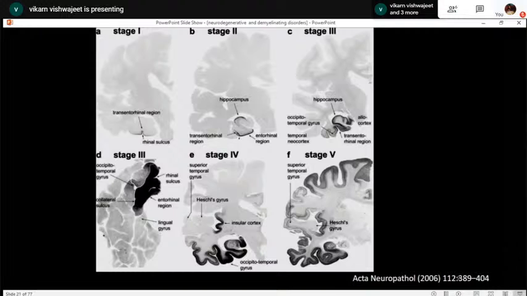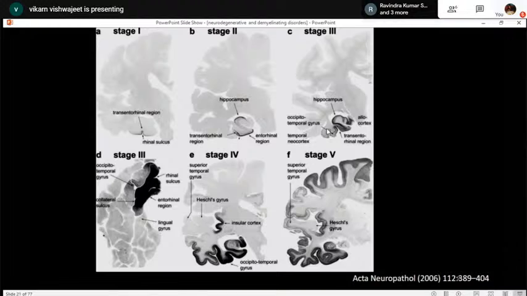So in stage 1, the lesion is confined to the transentorhinal region and mainly located medial to the rhinal sulcus. In stage 2, there is extension into the entorhinal region, and also focal early hippocampal involvement can be noted.